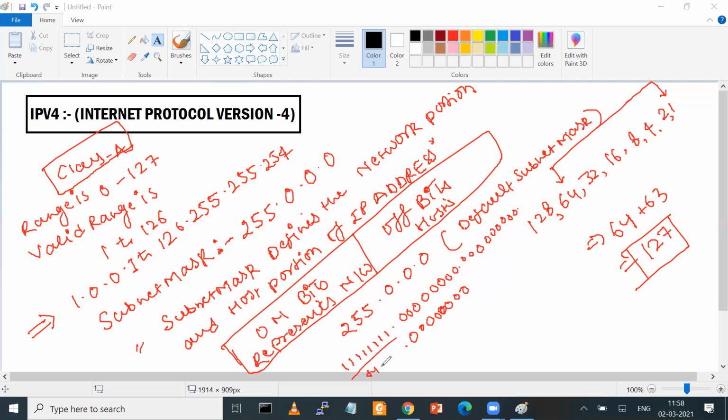This is my network bit and these are all host bits. So guys, the sum of 8 bit is 255.